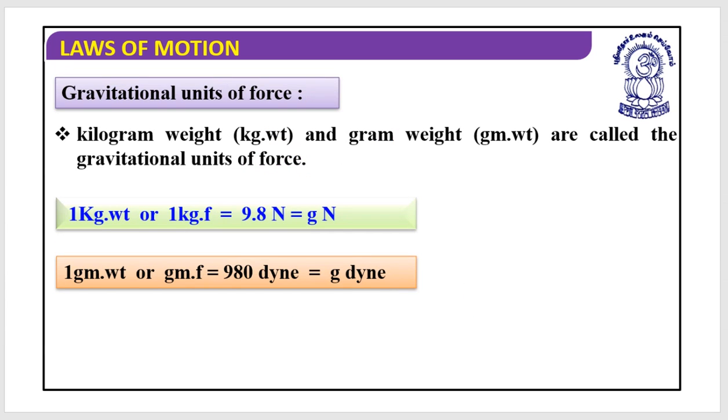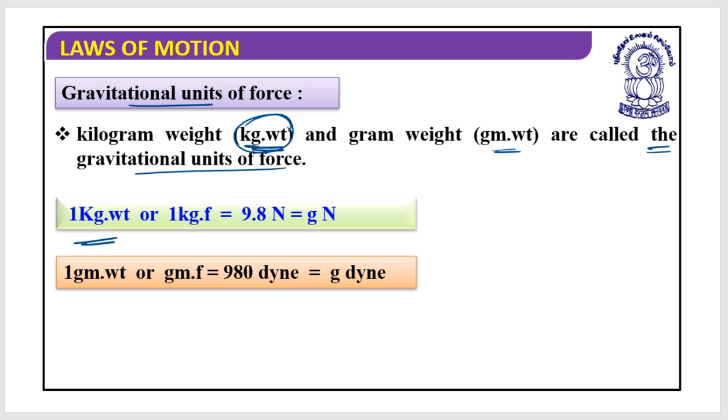Now let's look at certain more units of force, and these are known as the gravitational units of force. Two units. The first is the kilogram weight. In short, we call it kg weight. And the other is the gram weight. These two, kilogram weight and gram weight, are known as the gravitational units of force.